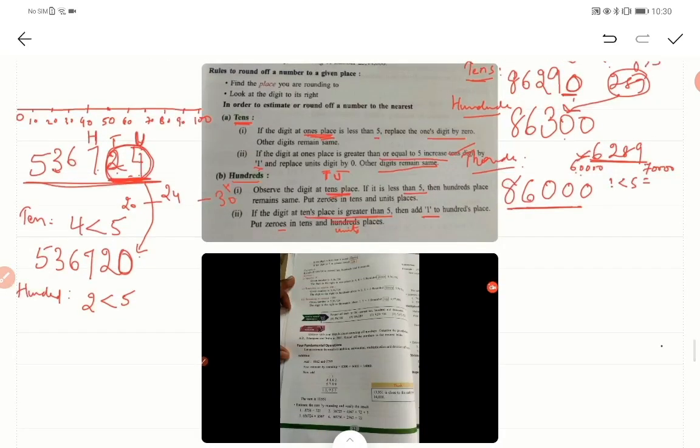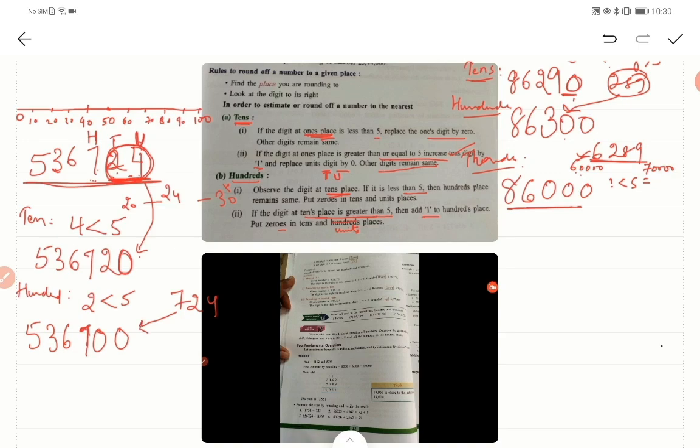So you keep the 7 as it is, the rest of the digits stay the same, 5 3 6 7, and you replace the tens place and units place with 0. You are approximating 724 to its nearest hundred, that is 700.